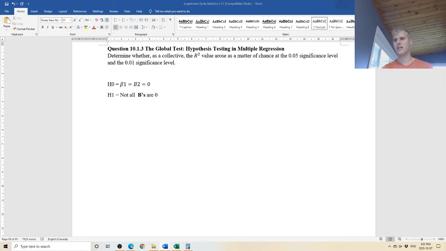Okay, so what does this mean? Basically, that we're setting a hypothesis that we want to know if our slopes actually have any impact on our equation. So if they don't have any impact, they would equal 0. But if they do have any impact on our equation, they would not equal 0.